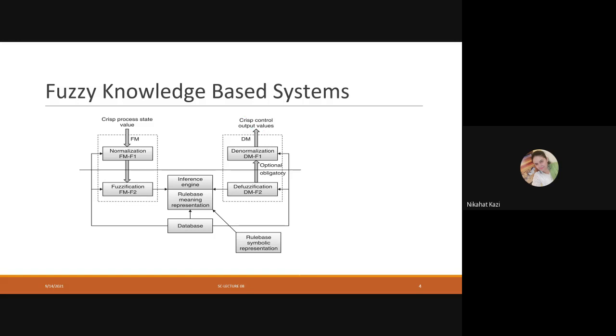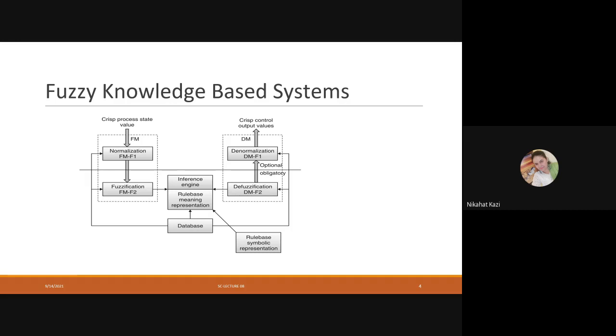So a fuzzy knowledge based system has different steps on the basis of which a problem is solved using fuzzy set theory. It starts with taking input in the universe of the problem that you are going to solve.